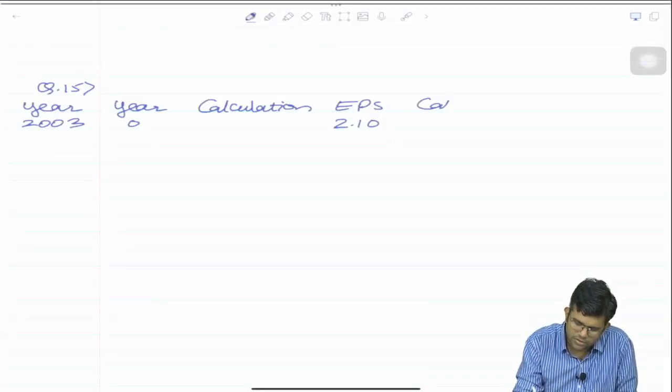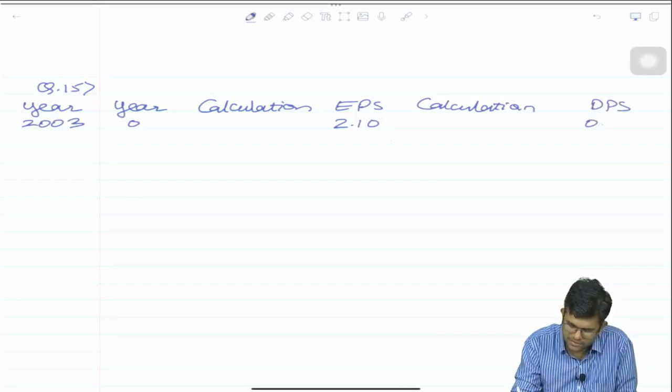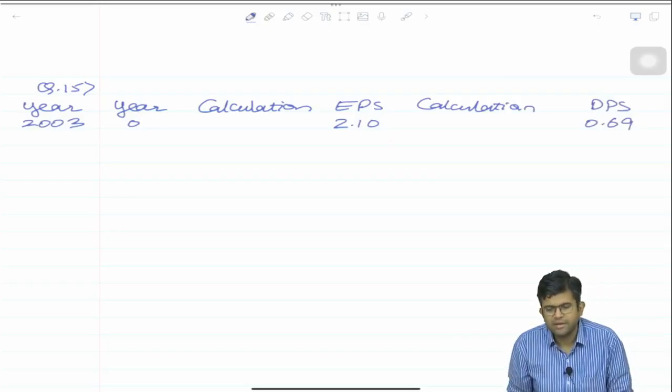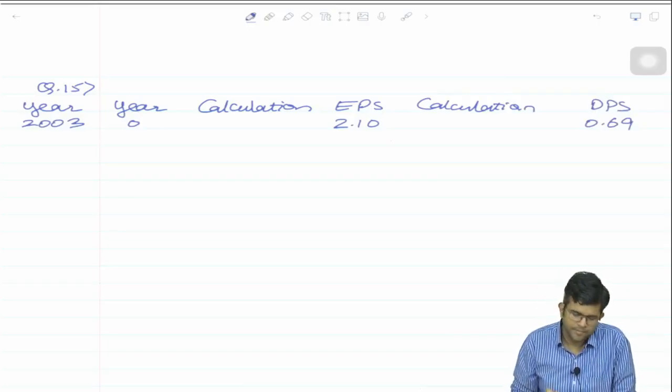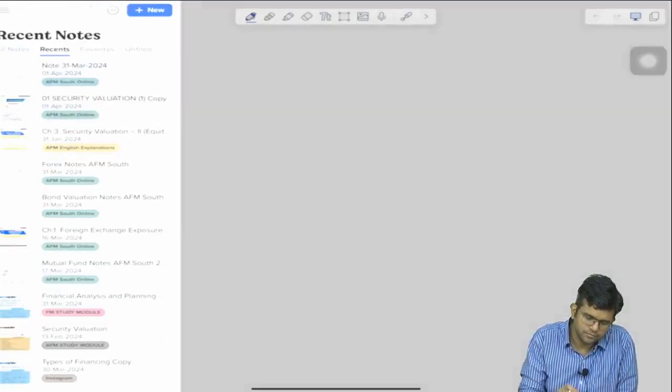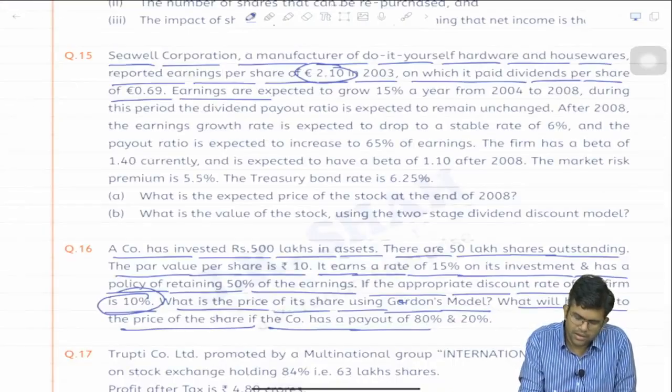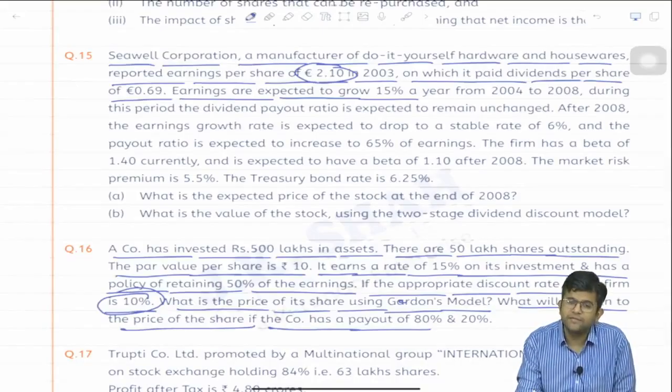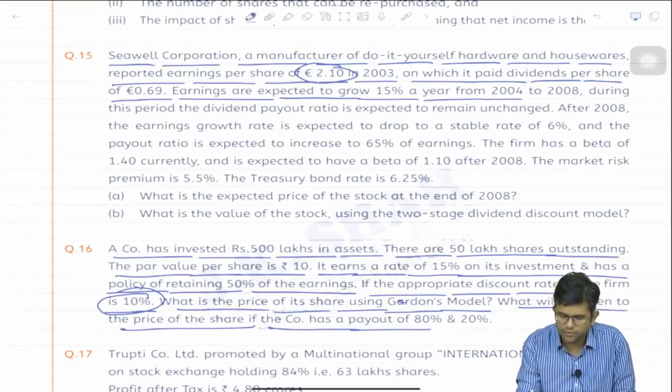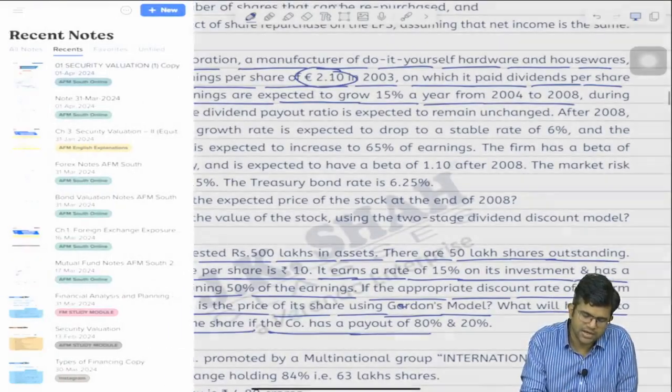So I'll write here calculation. And I'll write here dividend per share 0.69. Everyone clear? Now, earnings are expected to grow at the rate of 15% a year from 04 to 08. Now, these are expectations.